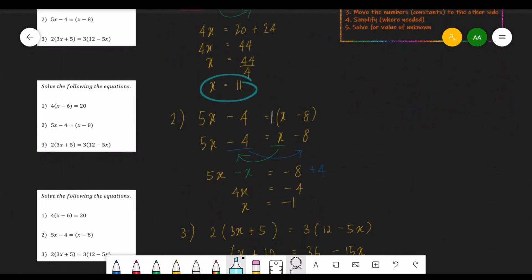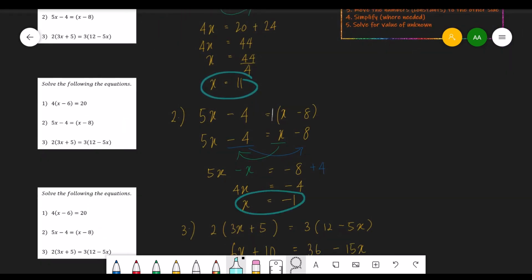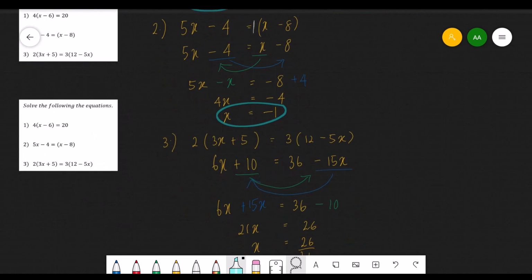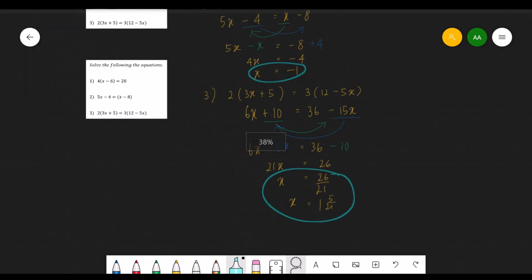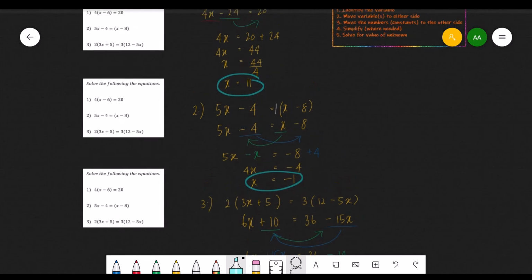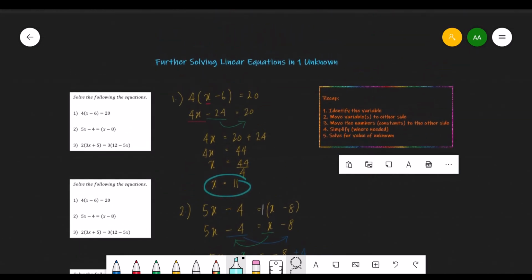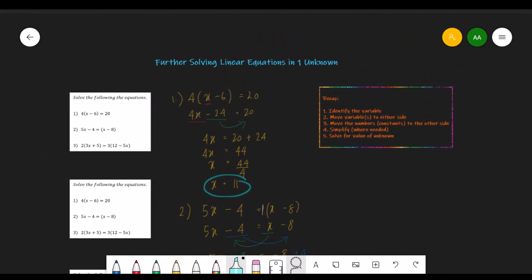In this case, x equals to 11, x equals to -1, and last one, x equals to a fraction. So you can obtain the answer in different ways. It can be in the form of a fraction, negative number, positive number, and so on. So not to worry, this is going to be good for you.